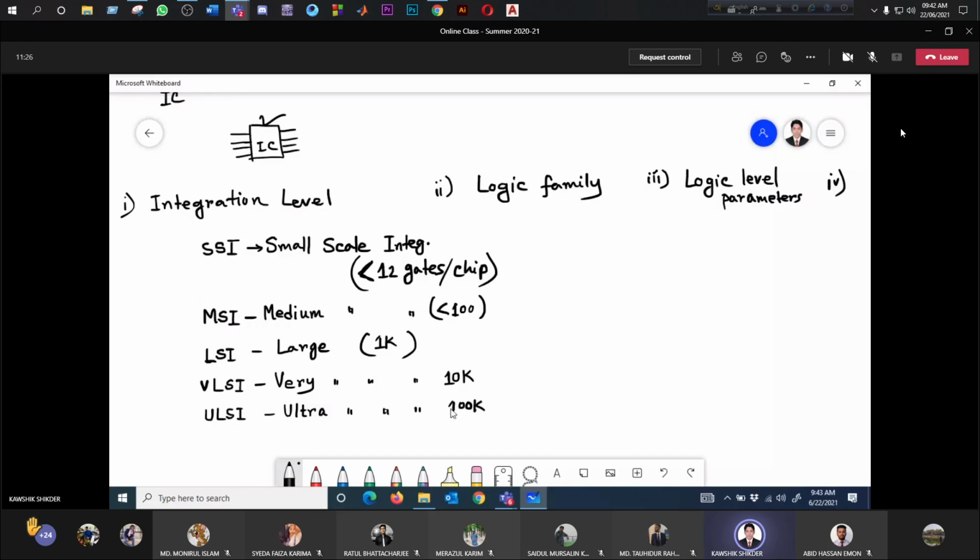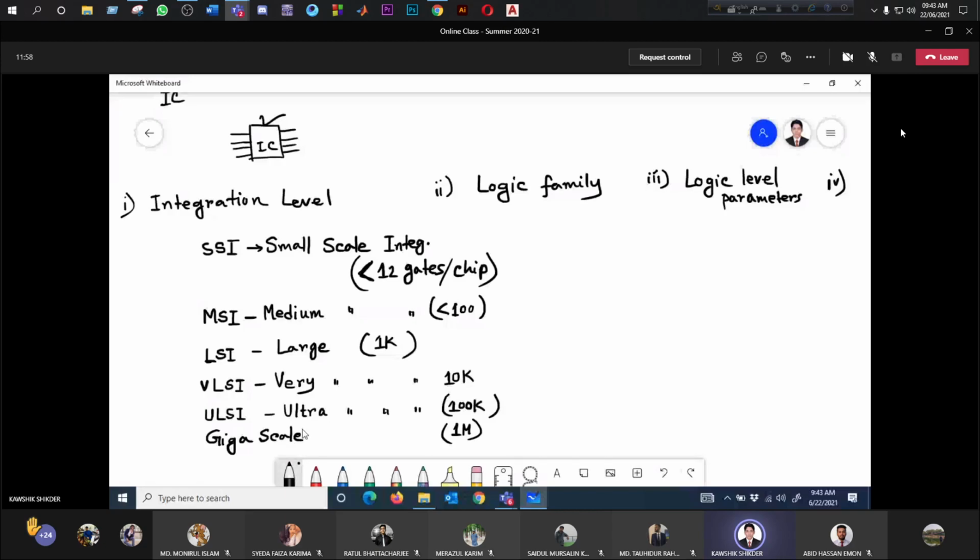Okay, 100K. And the last one is giga scale integration, where 1M, capital M, is represented. If K is thousand, then M represents million. So 1 million gates per chip is under giga scale integration.